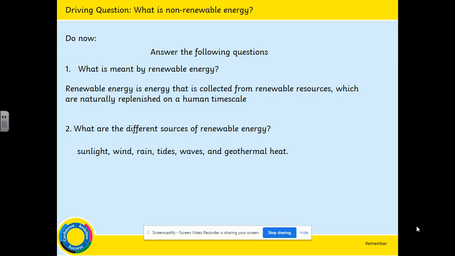The most popular renewable energy sources currently are solar, sunlight, wind energy, wind, hydro, rain, tidals, wave, and last but not least, geothermal.